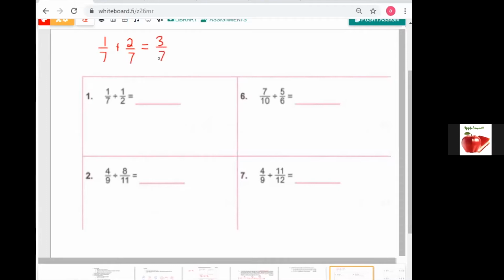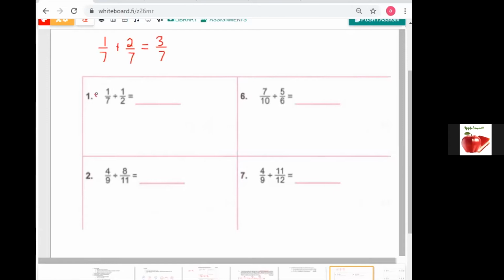And you can add them because they have like denominators. Now, for this question, number 1 here, it's a 1/7 and a 1/2. You can't add them that way. You have to change them so that they have the same denominator, and the denominator is the number on the bottom. So what number is common between 7 and 2?